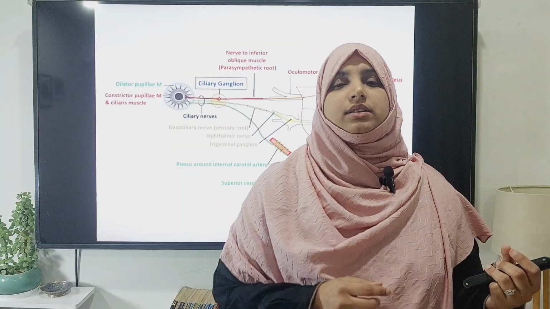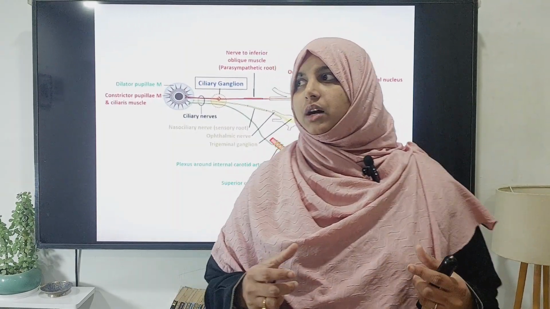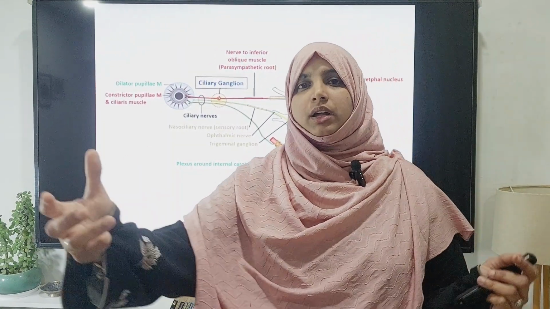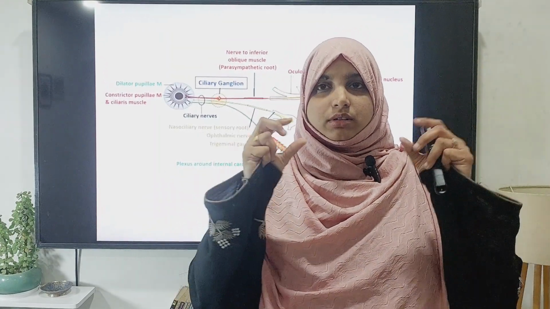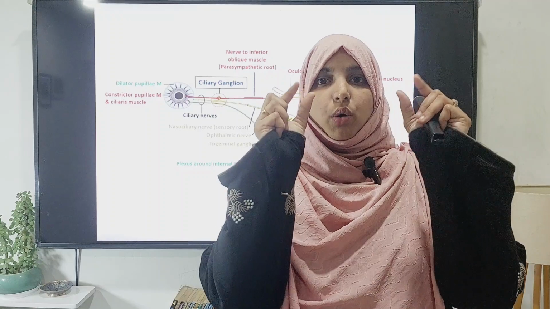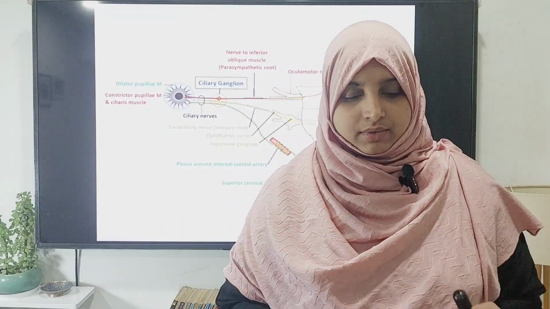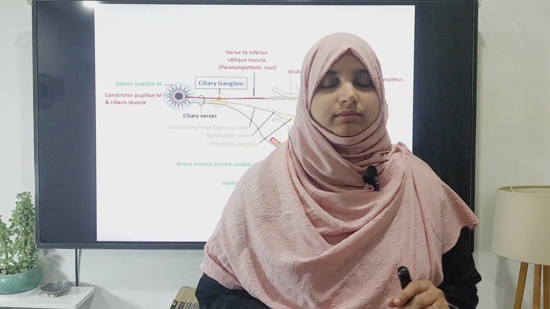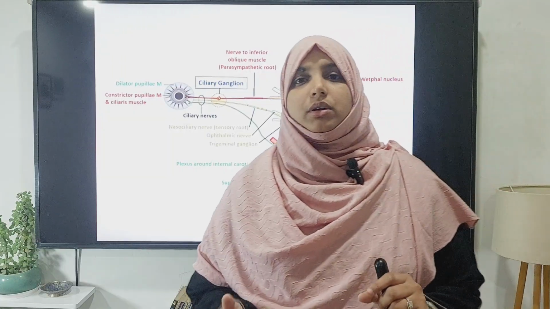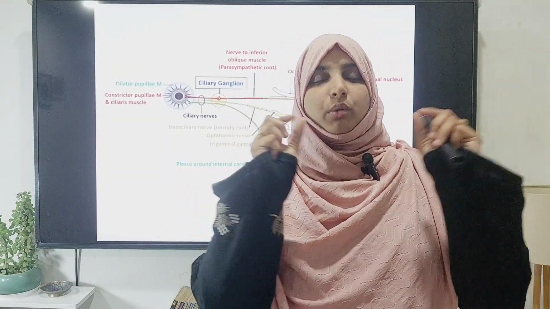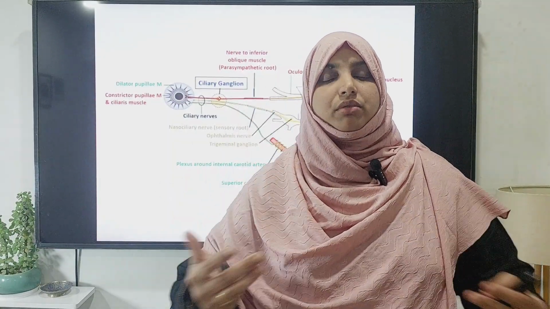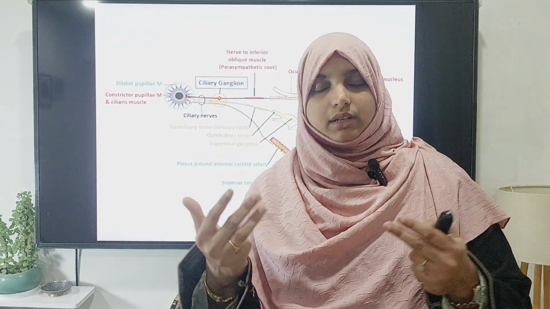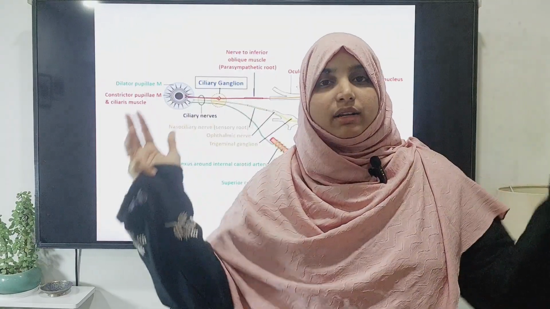I'll give you one scenario. If there is some sort of animal attack, what will you do? Your pupils are going to open up more. Why? Can you think of a reason? Your pupils open up more because that way more light rays can come in, and you will have a wider field of vision.